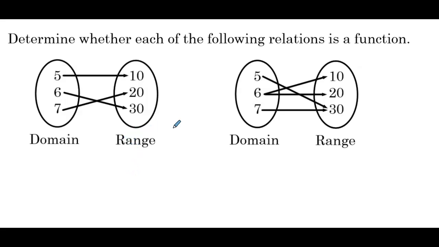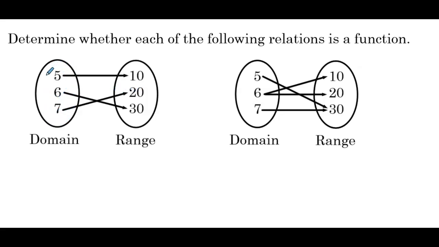So they've given us 2 mappings, that's what we call these, from the numbers 5, 6, 7 to the numbers 10, 20, and 30. And you'll notice they label these as domain and range, so we get familiar with that vocabulary. Looking at our first mapping, input 5, output 10, input 6, output 30, input 7, output 20.